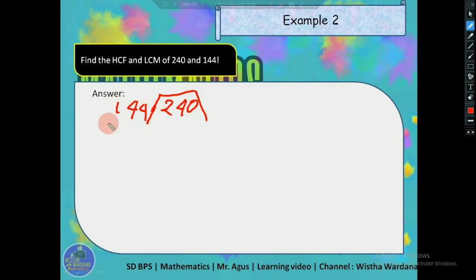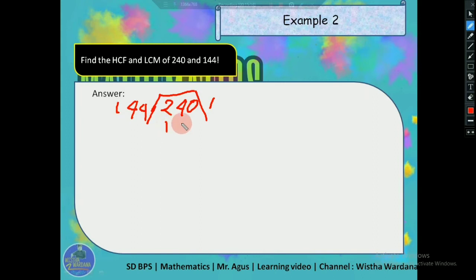After that, you divide 240 by 144. So you have to find the multiple of 144 that is close to 240, and the answer is 1.